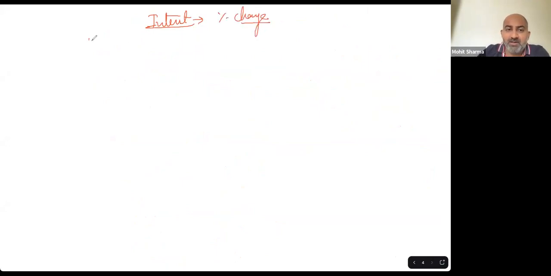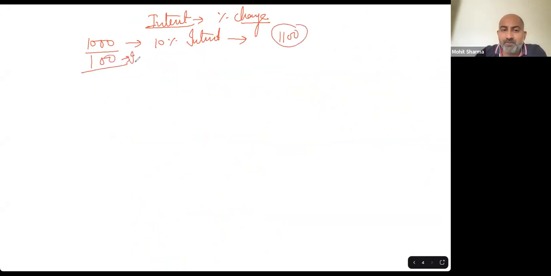For example, I invested 1,000 rupees and got, let's say, 10% interest in 1 year. What would be the total amount after 1 year? 1,100. 1,000 plus 100 rupees interest, which is 10% of 1,000. That's what simple interest is. It's simple percentage change.